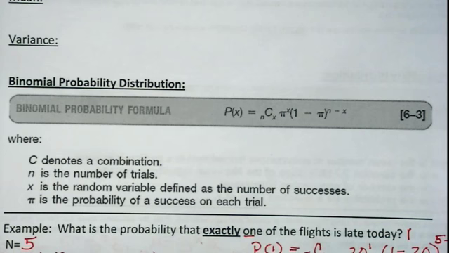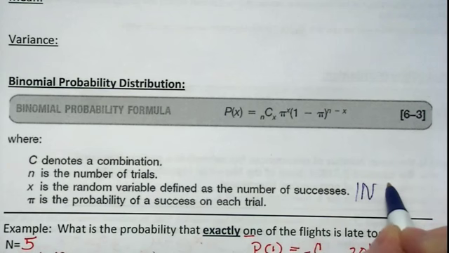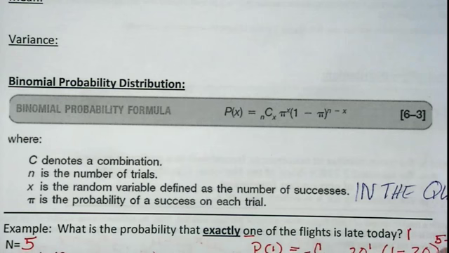N is the number of trials, and I think when we do more examples, you'll understand that. X is the random variable. I tell students, remember, X is in the question. That's how you remember it. In the question. You should write that in bold in your notes.